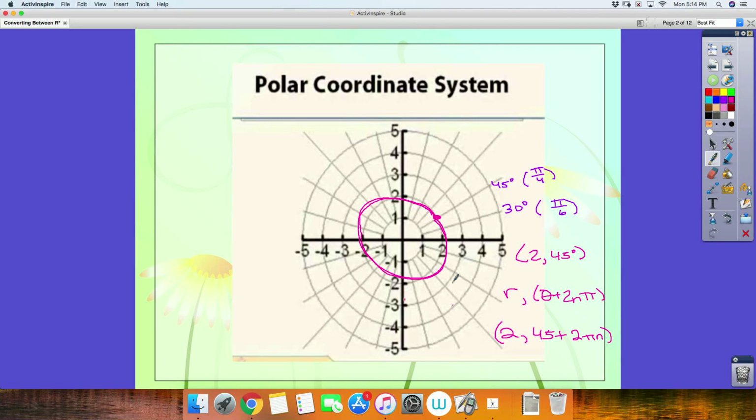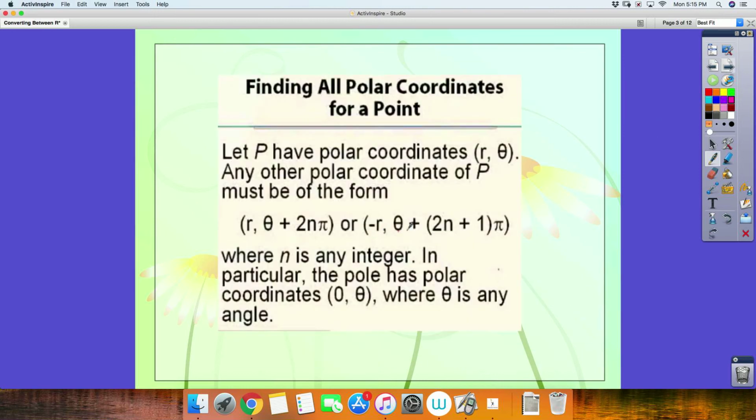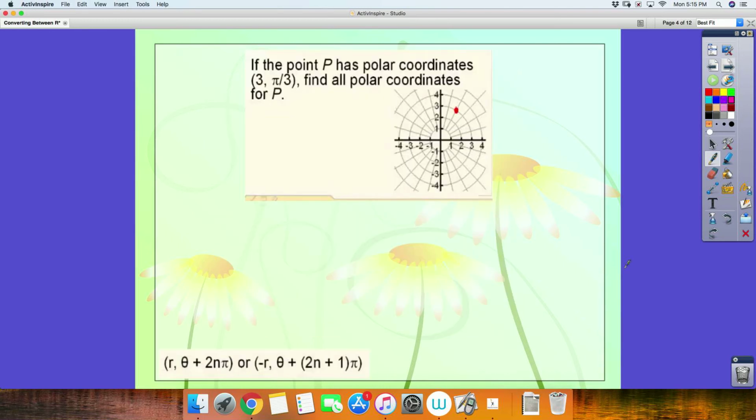Now we could also write it going in reverse, because remember, we always go counterclockwise, but if we were to write it as -2, now we're going clockwise, and for now we do theta plus parentheses 2n plus 1 pi.